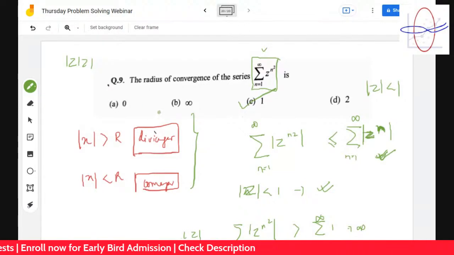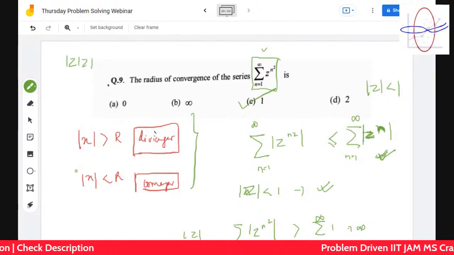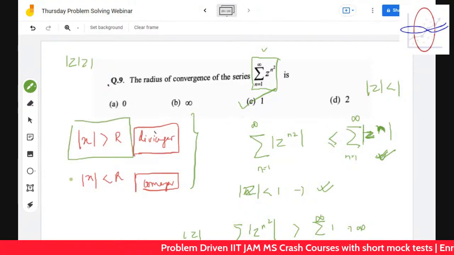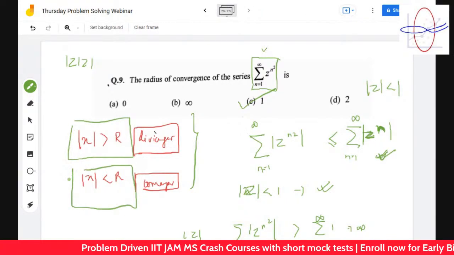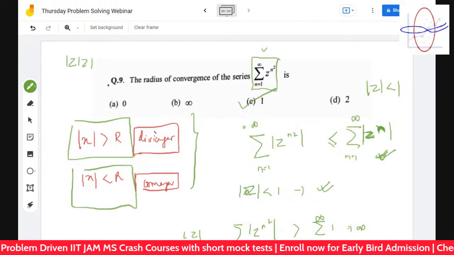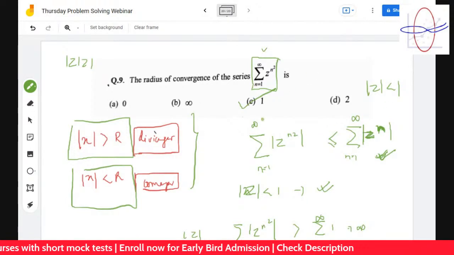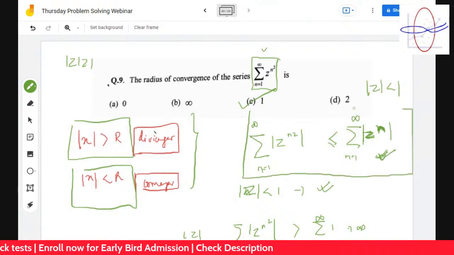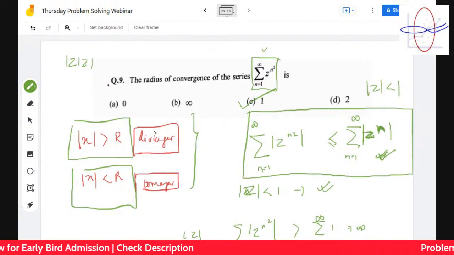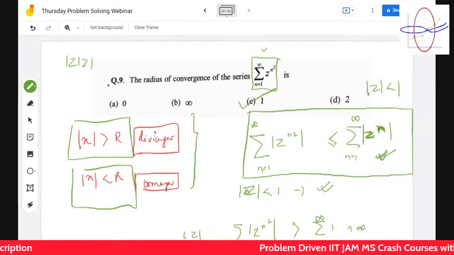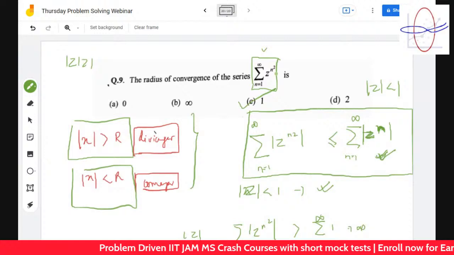The definition of radius of convergence is that for mod x less than r it converges, and for mod x greater than r it diverges. We have shown that for mod z less than 1 it converges, by comparing with the normal x to the power k series. But for mod z greater than 1, it means we have infinitely many terms greater than 1.